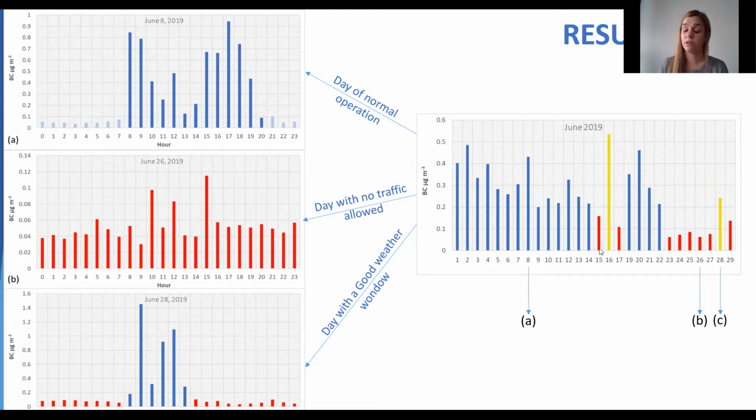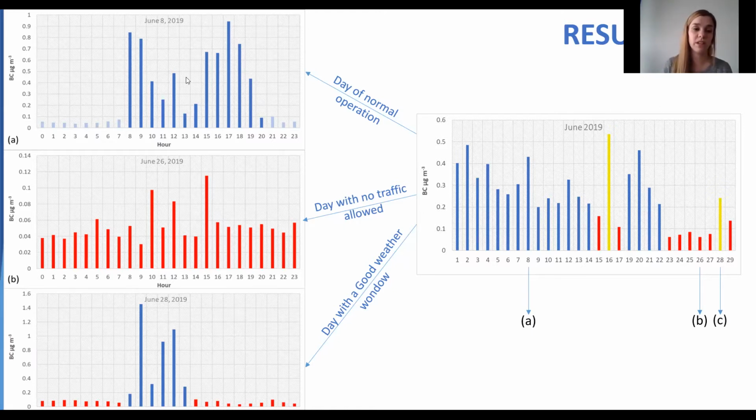Red bars represent days with no traffic allowed because of snowfall events, and the yellow bars represent some days when the weather only allowed traffic for some restricted hours. And as you can see, the levels on days with no traffic are significantly lower than on the other days.